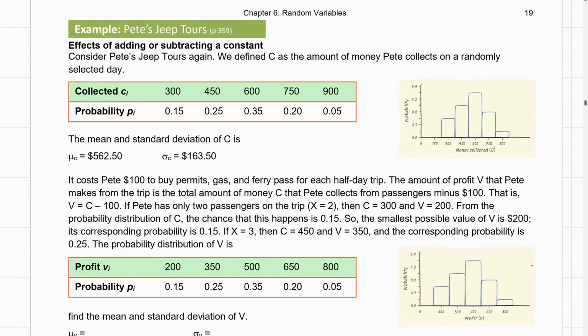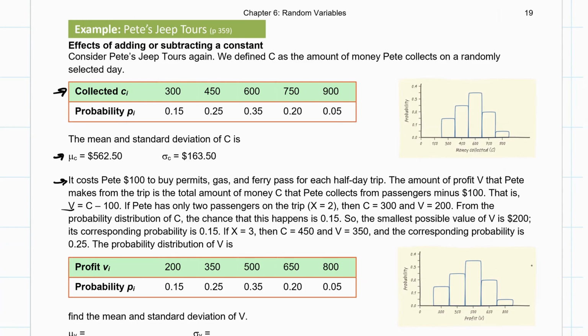Well, what else could we do with this? Here's that last random variable that we just calculated, and the mean and the standard deviation of this. But it says here, it costs Pete $100 to buy permits, gas, and a ferry pass for each half-day trip. The profit that Pete makes from this trip is the money he collects minus $100.